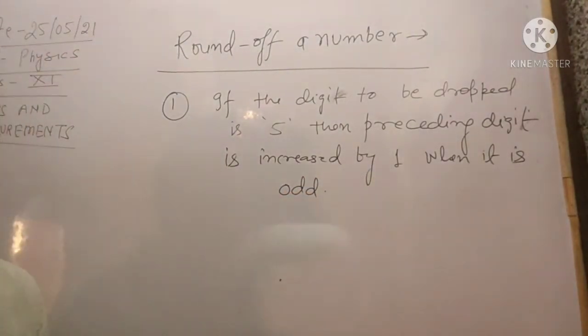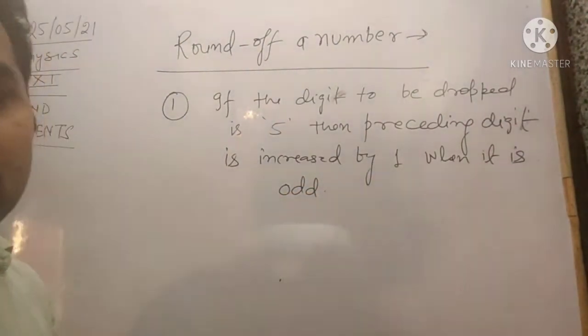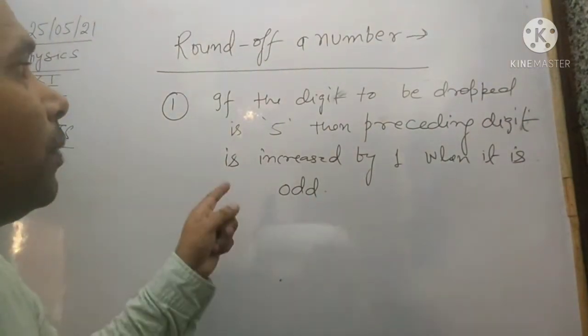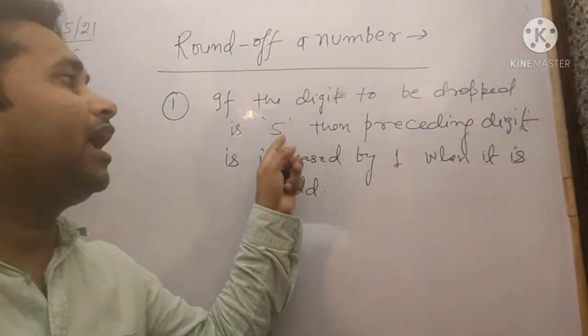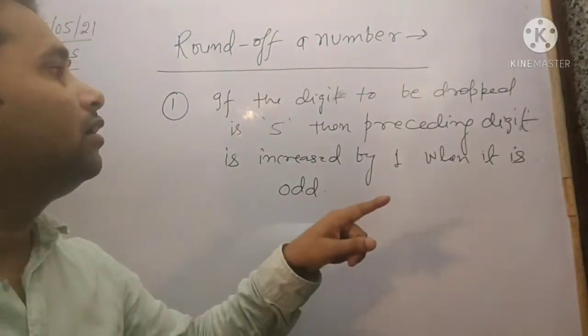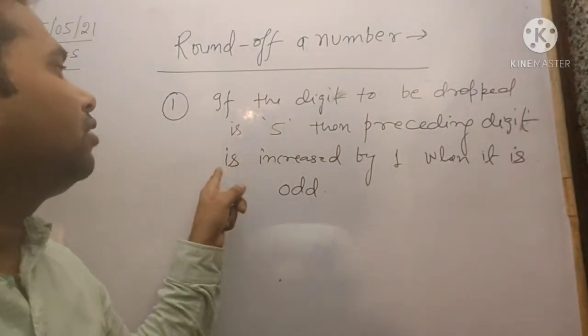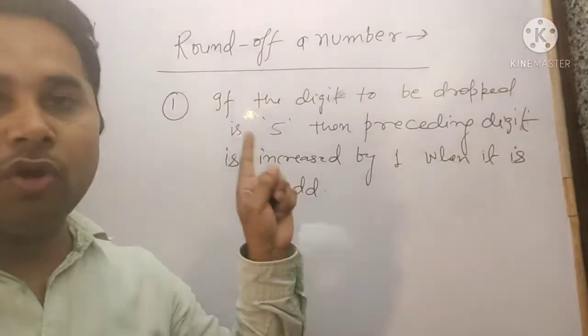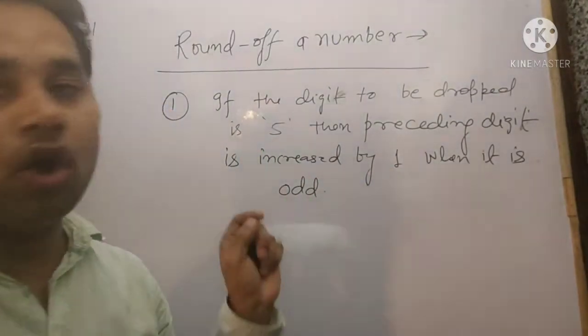Now check the next rule. This rule says that if the dropping digit is 5 and preceding digit means 5 से पहले वाला, it will be increased by 1 only when it is odd.